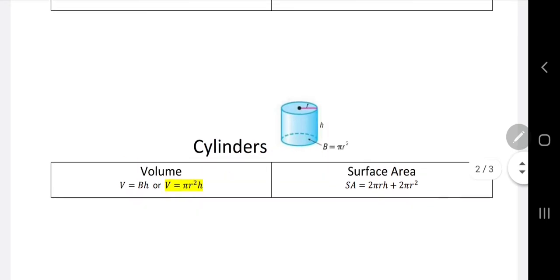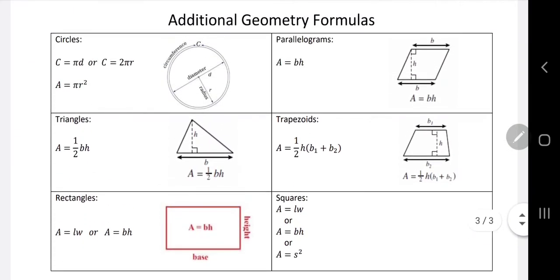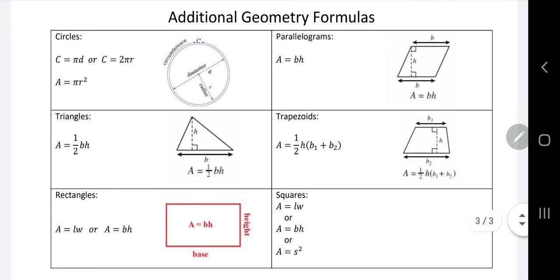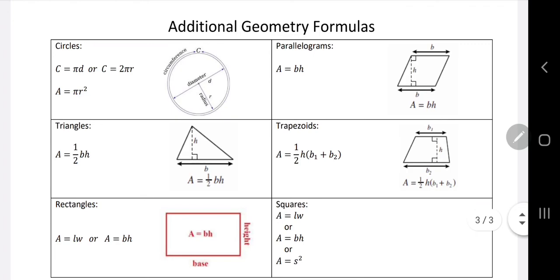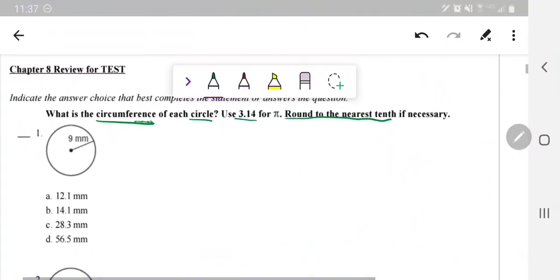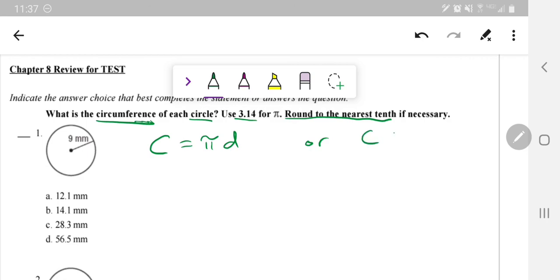Here's my formula sheets. Down at the very bottom, we have our formulas for the two-dimensional shapes, and it looks like I have circles and I have my circumference formula. So I'm going to use those circumference formulas. So I'm going to write them down. Circumference equals pi d, or circumference equals 2 pi r.